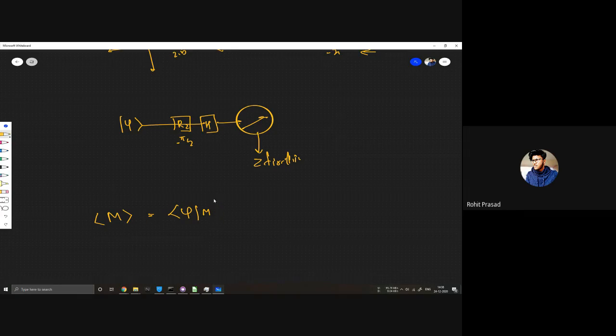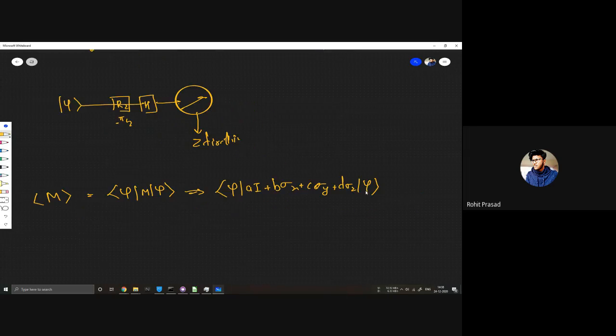We know that our M can be decomposed in a way like this: a I plus b sigma x plus c sigma y plus d sigma z. If we see it as an integration, we can take it apart: psi a plus b psi, then psi a psi plus psi b psi, right?